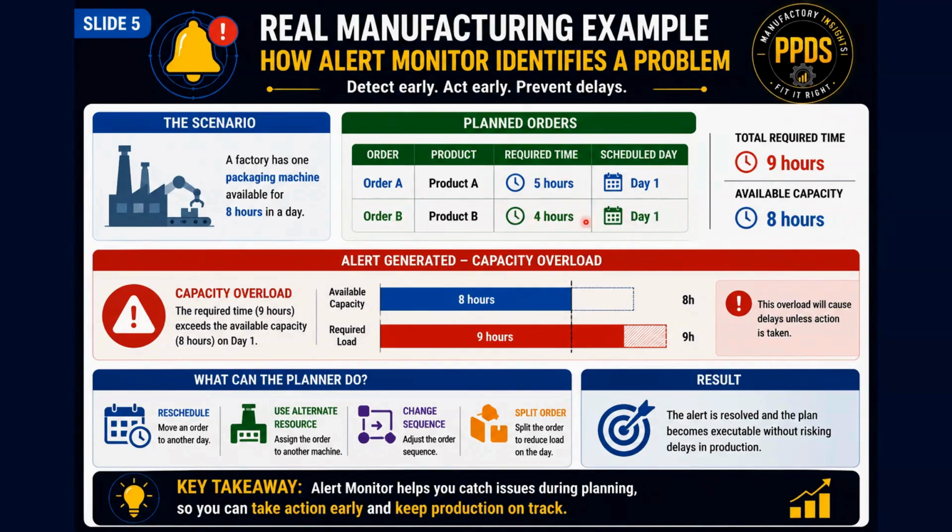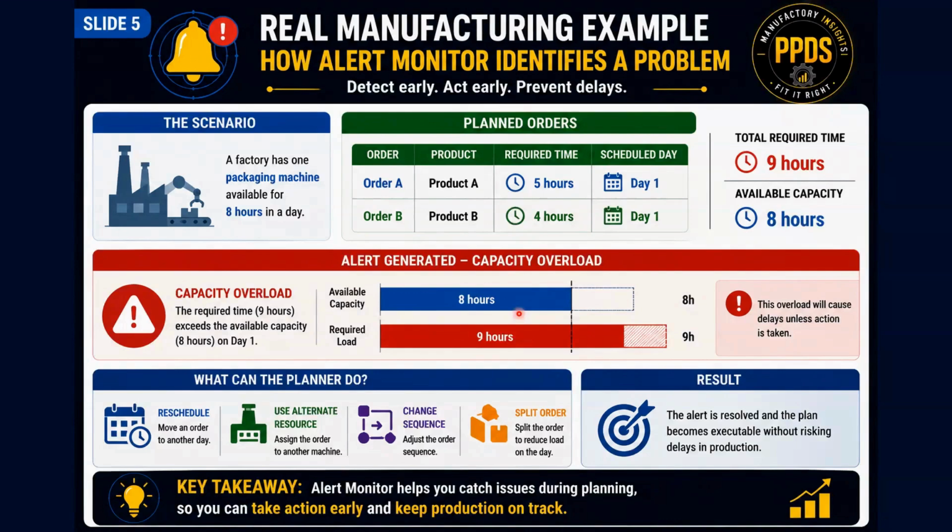So totally 9 hours are required on that particular day, but available capacity is only 8 hours. So the system generates a capacity overload because the available capacity is 8 hours, but the required load is 9 hours. So Alert Monitor highlights this issue immediately.